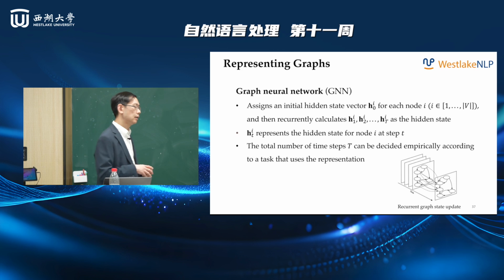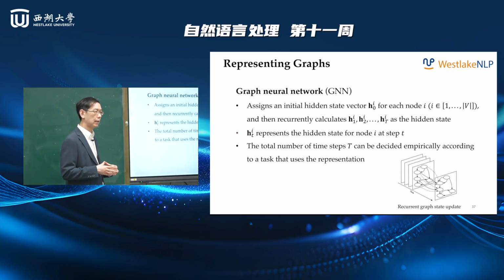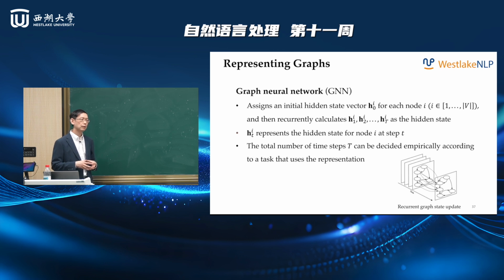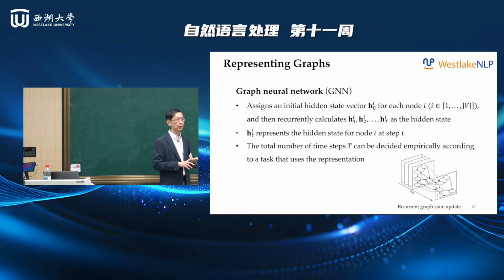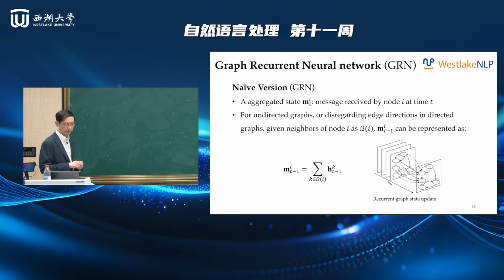And of course, given this information exchange scheme, we can use different functions to collect information from neighbors. We learned RNN, CNN, and SAN, and we can apply all of them to graph neural networks. So if I apply RNN to graph neural networks, we arrive at GRN, graph recurrent network. So how can we parameterize it?